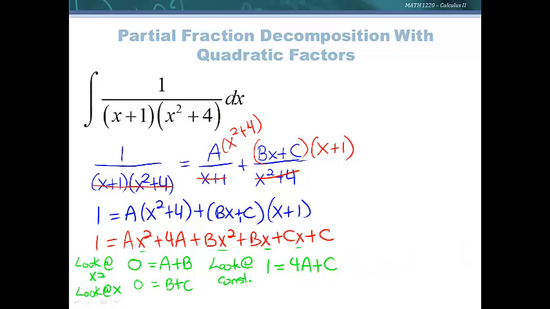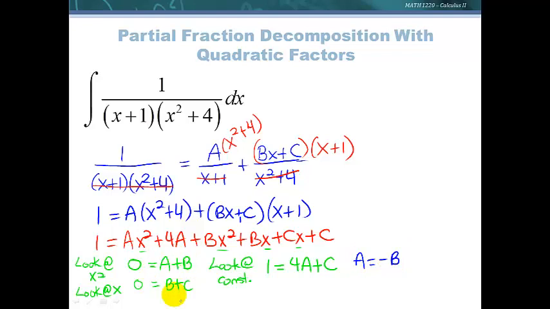So what happens after I equate coefficients is I'm left with 3 equations here that I can solve simultaneously in some way. A matrix would work if I need to. These are actually simple enough that I think I'm just going to do some substituting. So it looks like a would equal negative b.